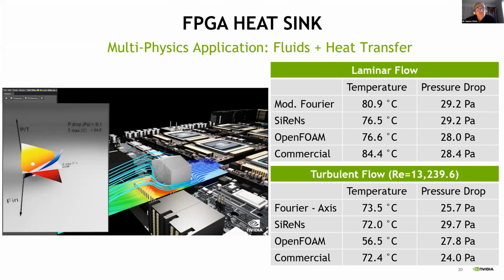So we are never very far away. This means that this method is very precise and can, of course, be used. The two different flavors that you see here, modified Fourier and sirens, are special implementations in SimNet.